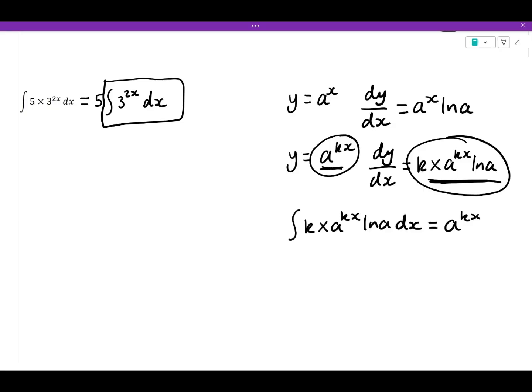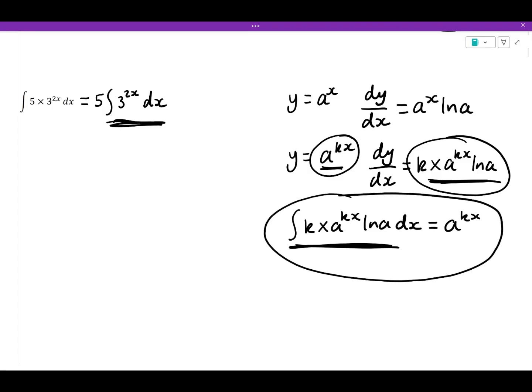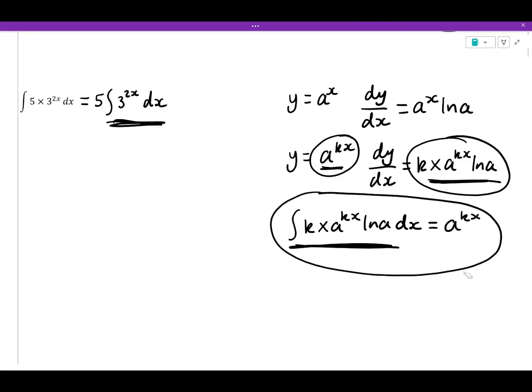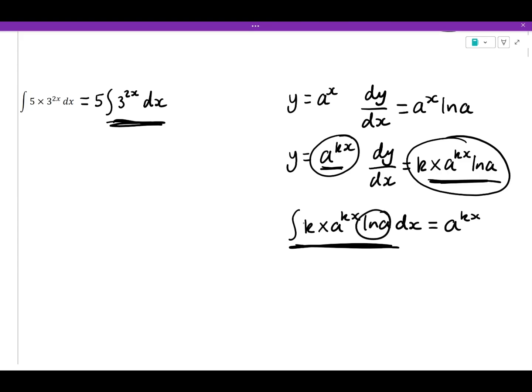Now this integral I've written here does not completely resemble the integral I am trying to compute. So let's manipulate our general format to get it in a more favourable form. We're going to try and remove the ln a, and remove the k, because in my one it's just 3 to the power of 2x.